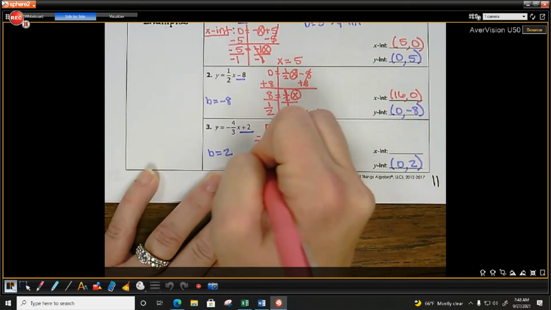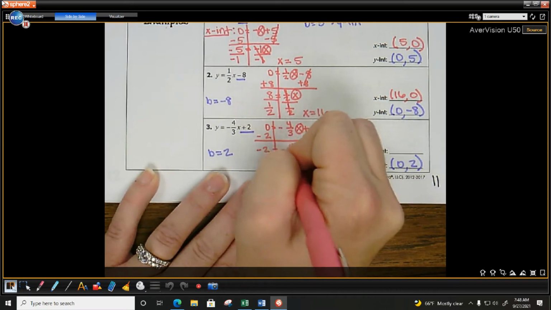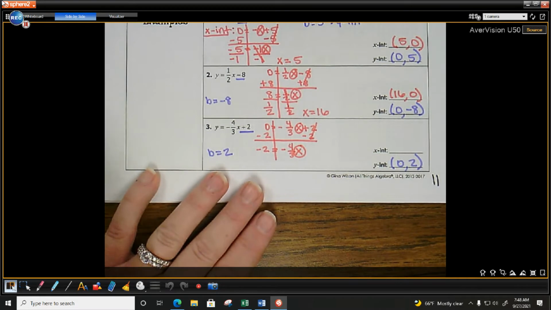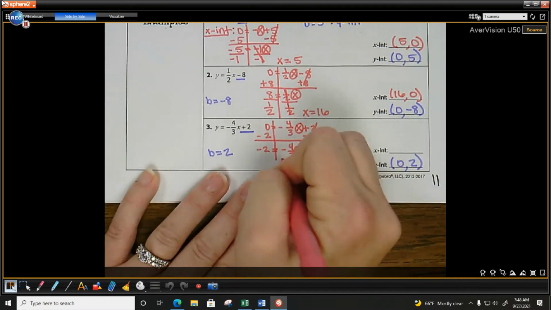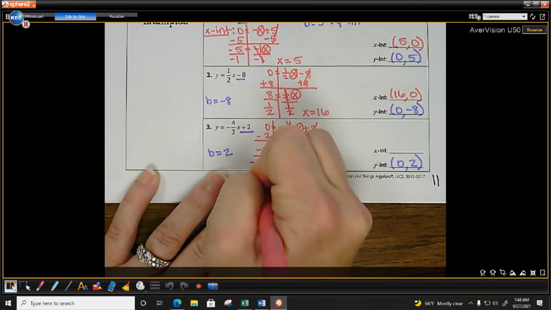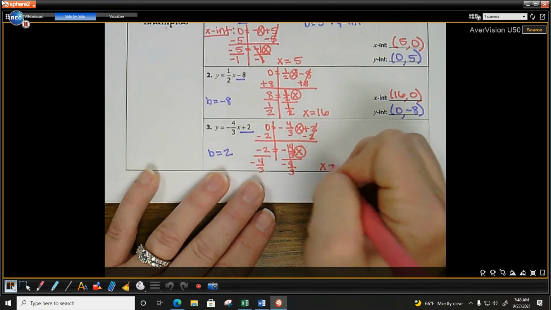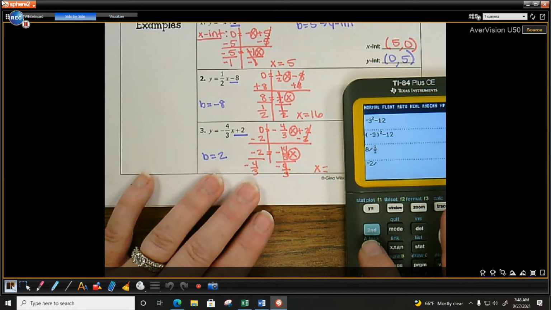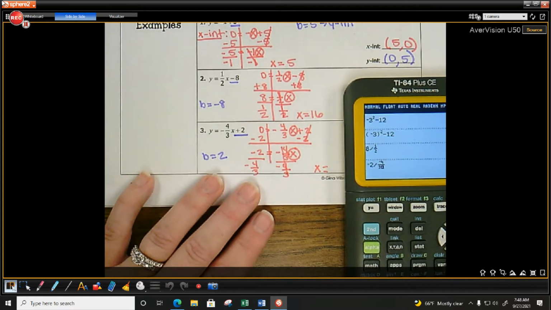And I get -2 equals -4/3 x. Keep your x circled. How do you get the -4/3 away? Divide by -4/3. So we get x equals, again, you can type this in your calculator, -2 divided by alpha y equals enter to put your fraction in, -4/3.